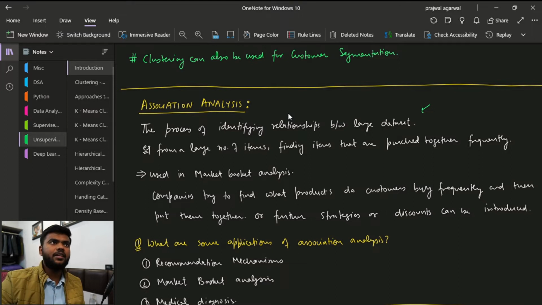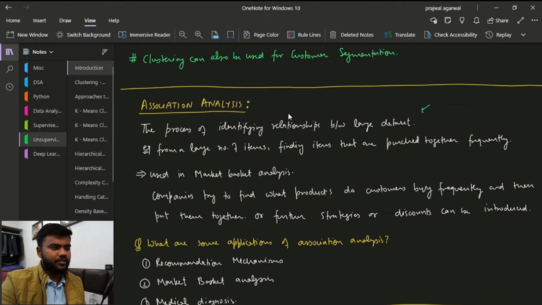For example, just talking logically, there is no data involved right now, refined oil and cold drinks are not related at all, whereas chips and cold drink have some type of association related with them.